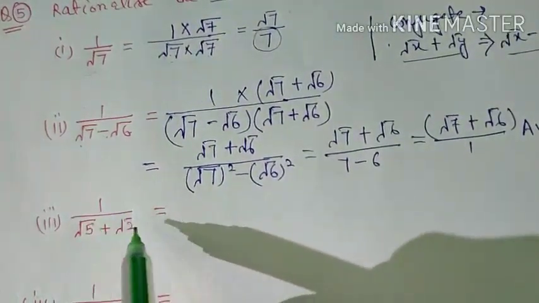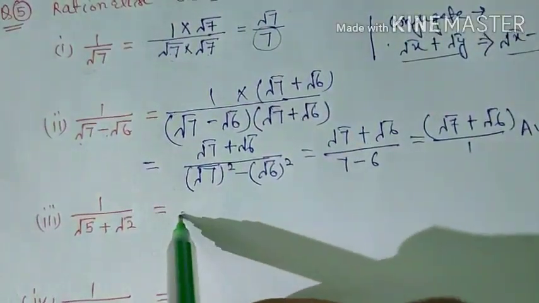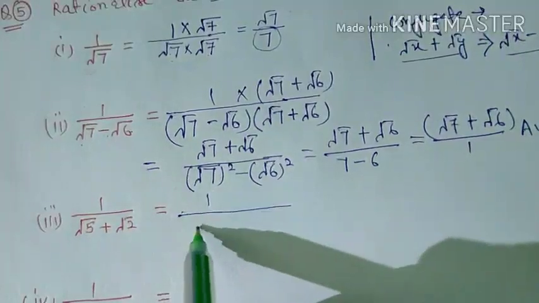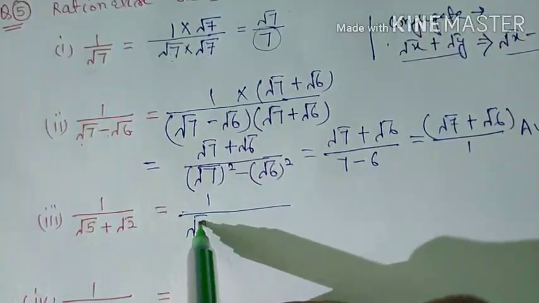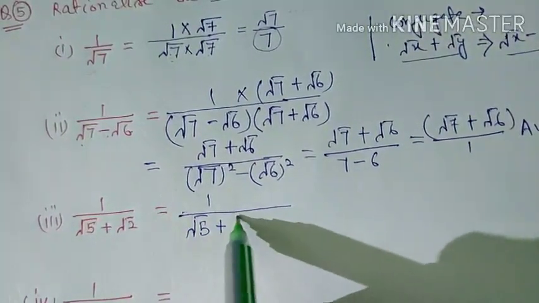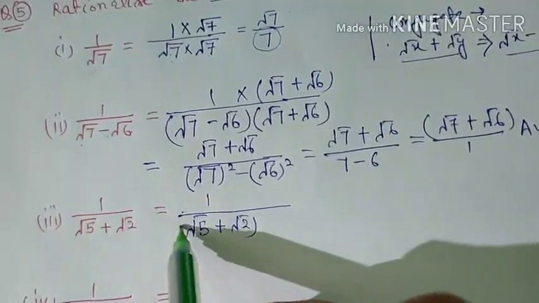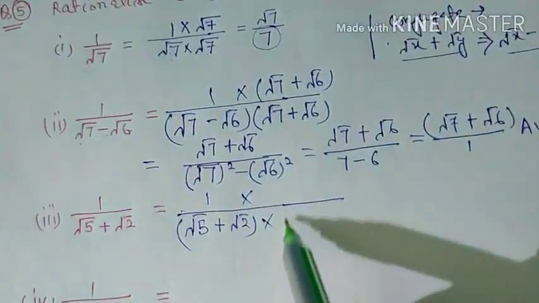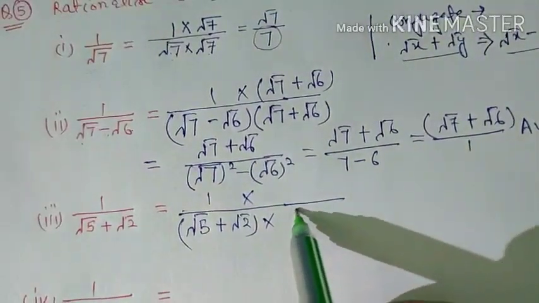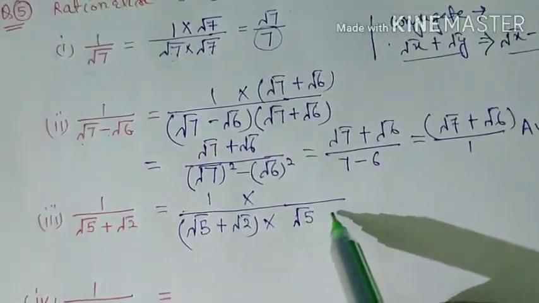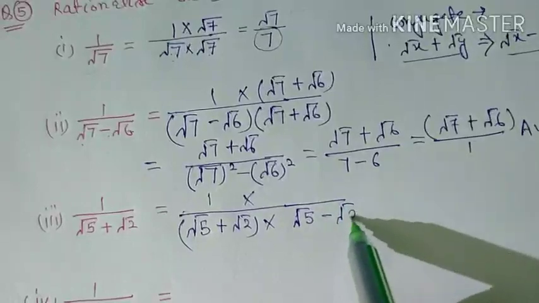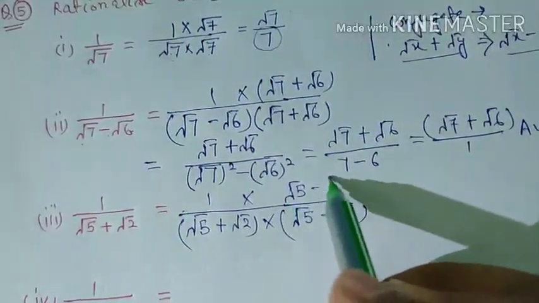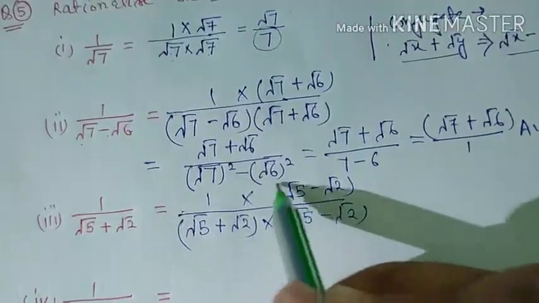So here you can try by yourself. I'm writing it once: 1 upon root 5 plus root 2. What should you multiply in numerator and denominator? Root 5 minus root 2.